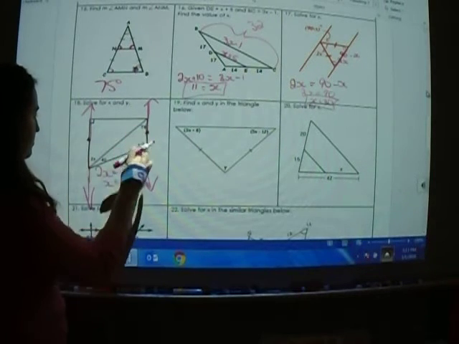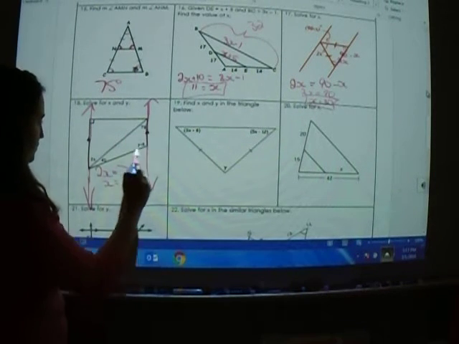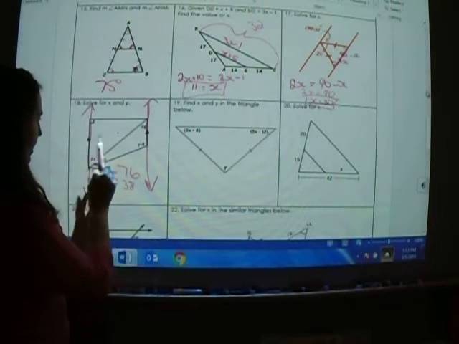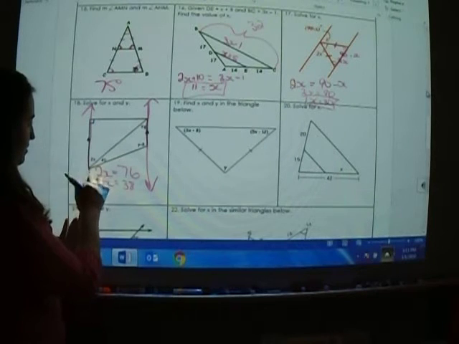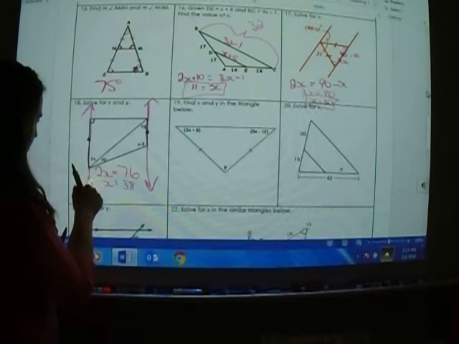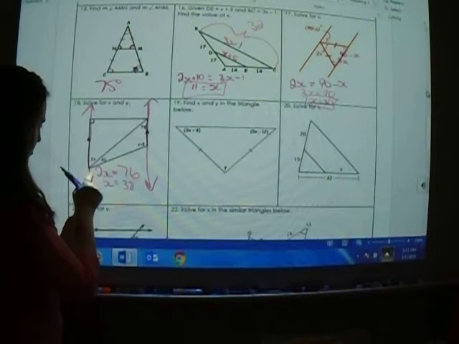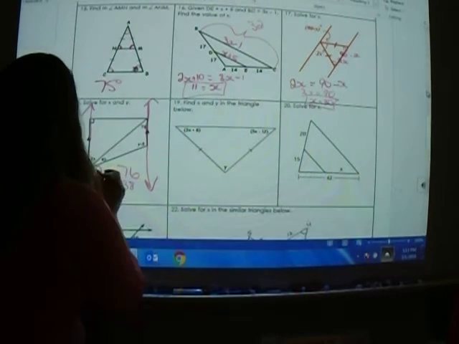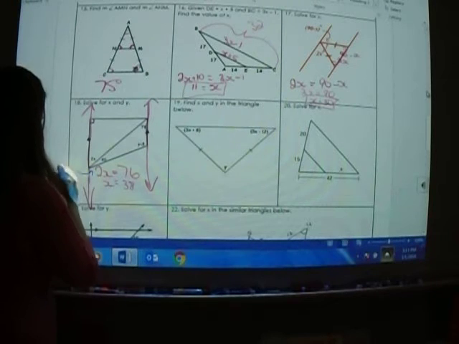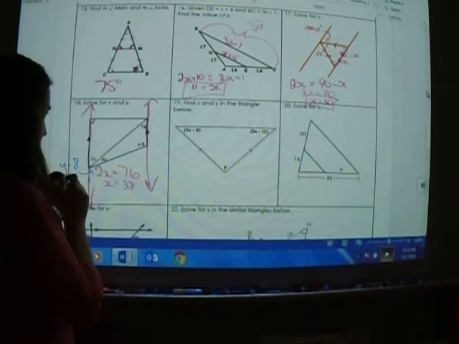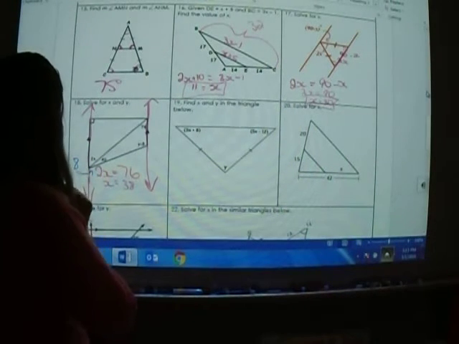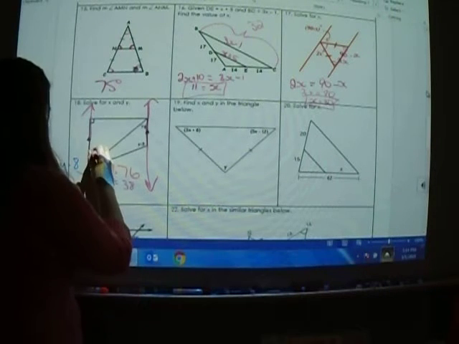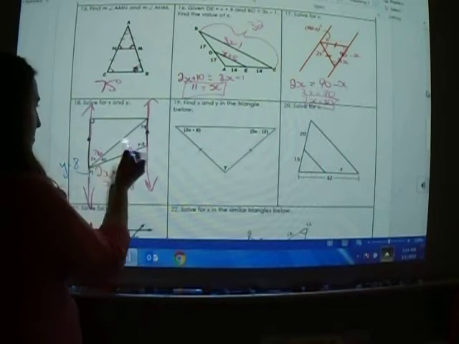So now, let's pretend this line here is our transversal, right? And so this is y minus 8. We know what x is, it's 38. And we know that this here is 76. These are supplementary, right?